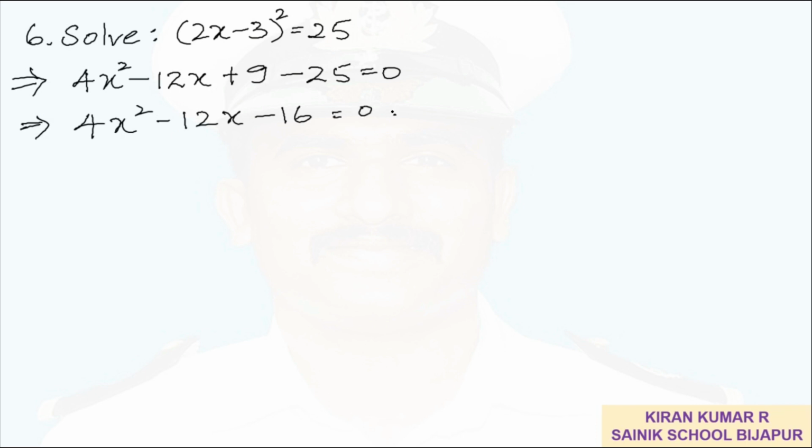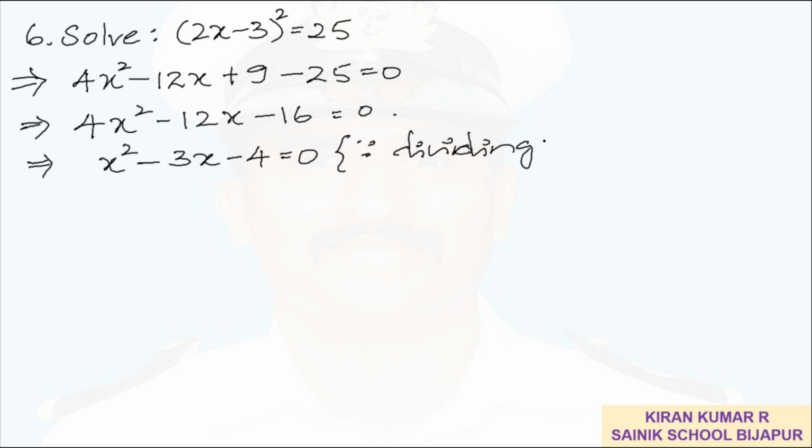Now, before solving, I would like to take 4 common. Since 4 is common everywhere, I'll divide both sides by 4. This implies x square minus 3x minus 4 equal to 0. What I have done is dividing both sides by 4.